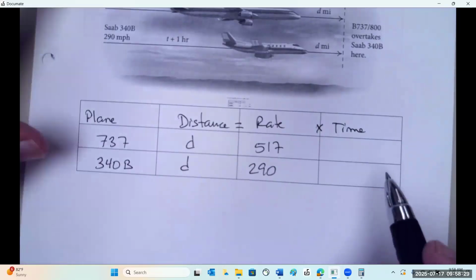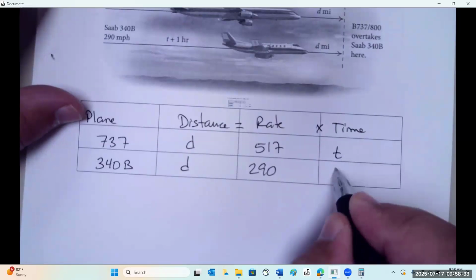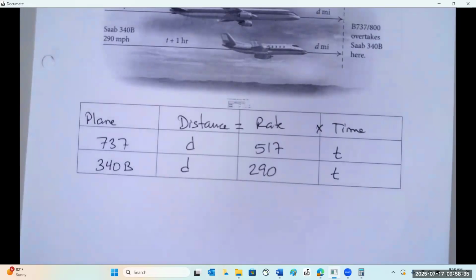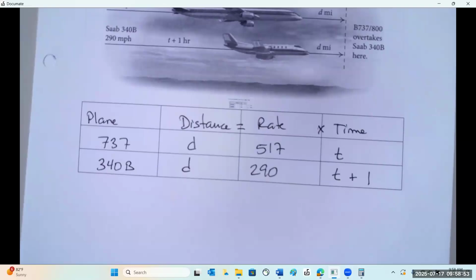But we do know, did they both take off at the same time? No. Who had more flying time? Who took off first? The 340. How much longer flying time did it have? 1 hour. So it took off 1 hour before the other one.